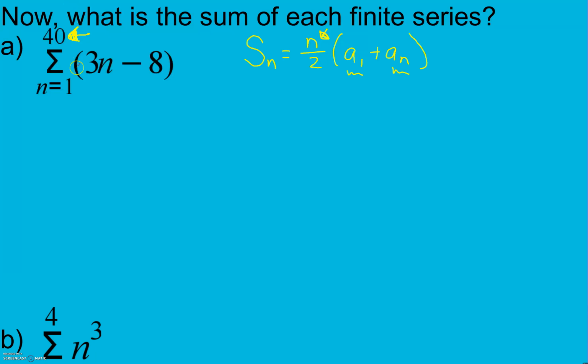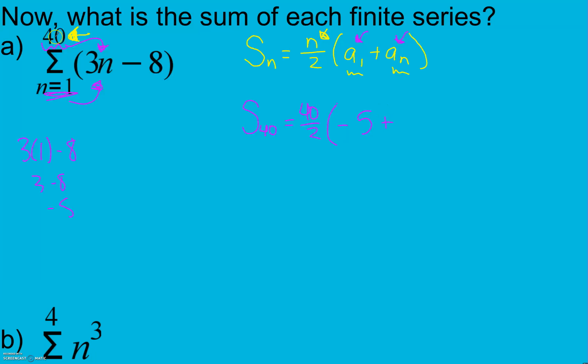So we need to take our lower limit, plug it in, and our upper limit, and plug it in. And with those values, we will know our first and our last terms. So right now, I have the sum of the first 40 terms is 40 over 2. Our first term, we take 3 times 1 minus 8, negative 5.